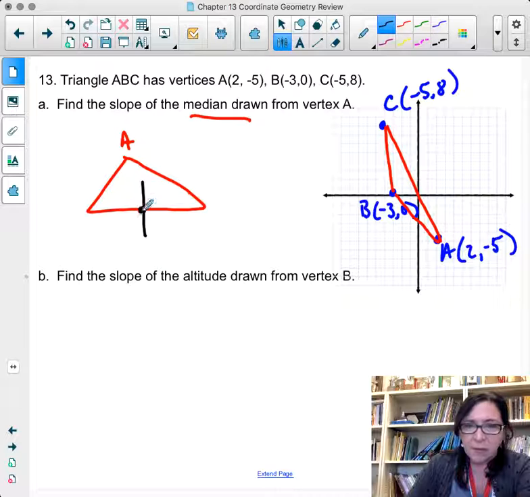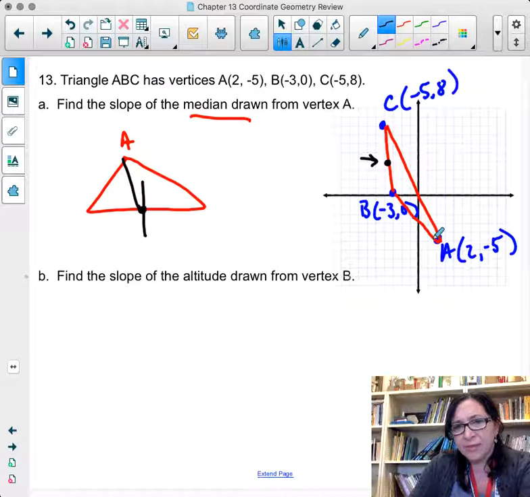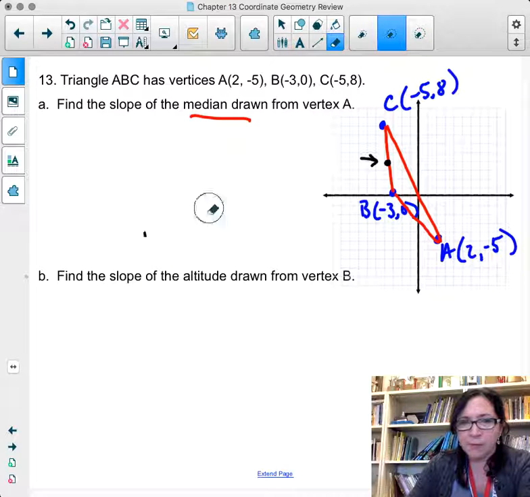So I need to find the midpoint here, and then connect the vertex to the midpoint. That's what I'm looking for. So if I'm trying to find the median from vertex A, that means I'm trying to connect it to BC. So I need to find the midpoint first, and then connect this vertex to that midpoint, okay?